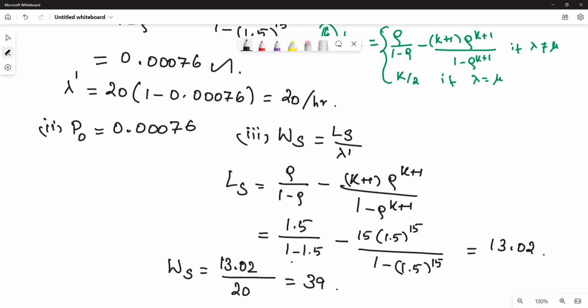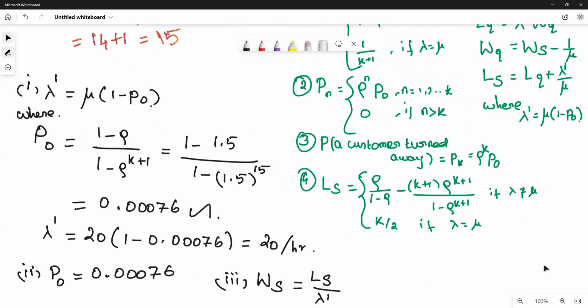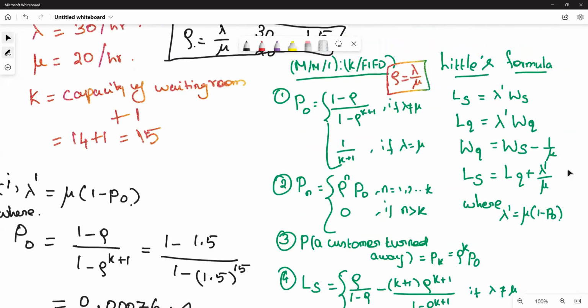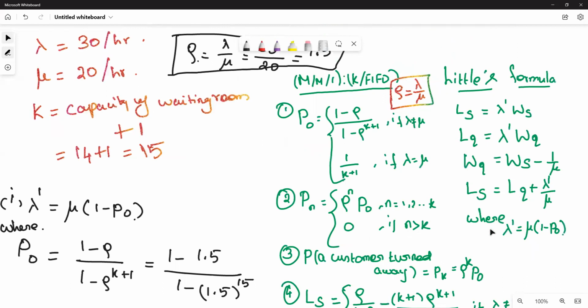Remember, in this model, that is the single server finite capacity model, wherever we have finite capacity, in Little's formula, instead of lambda, the arrival rate, we use the effective arrival rate lambda dash. Here in this model, the lambda dash formula is mu into 1 minus P naught.